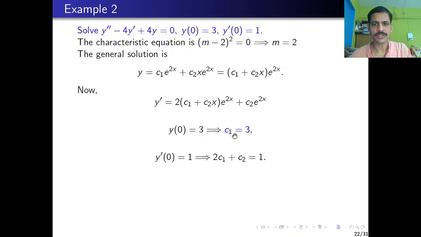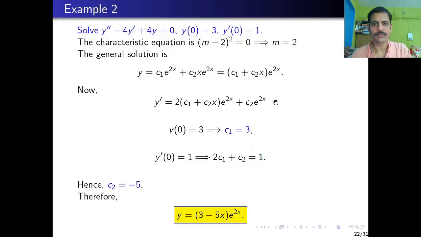So we substitute c1 equal to 3 in this and solve it, and we find c2 is equal to minus 5. So when you substitute c1 equal to 3 and c2 equal to minus 5 in the general solution that we had obtained here, we get y to be equal to (3 minus 5x) e raised to 2x.